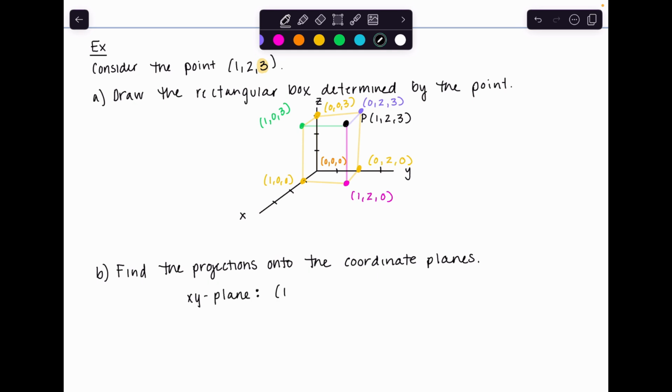So this projection is 1, 2, 0. If I want the xz plane, we just set y equal to 0. So 1, 0, 3. And then finally, if we want the yz plane, then we set x equal to 0. So those are our 3 projections. Okay.